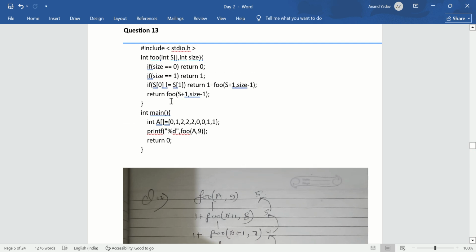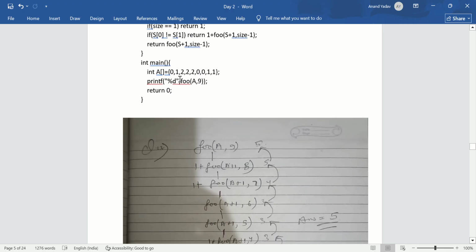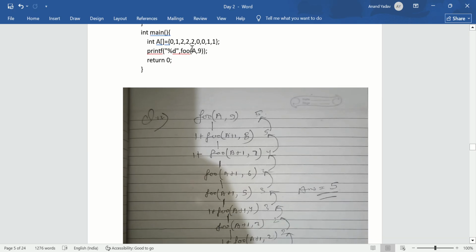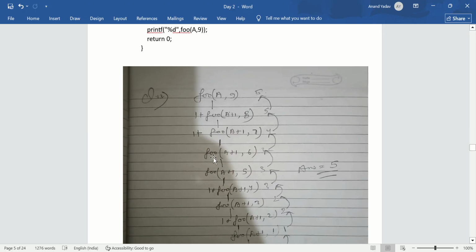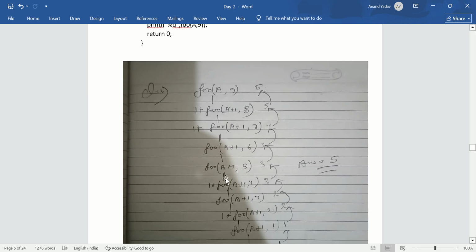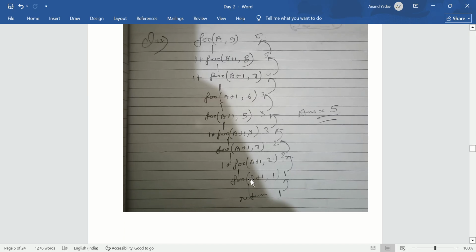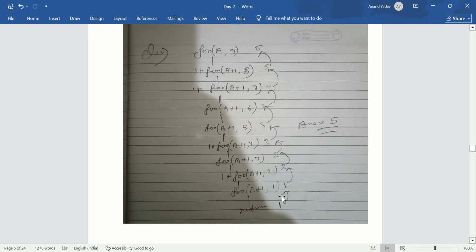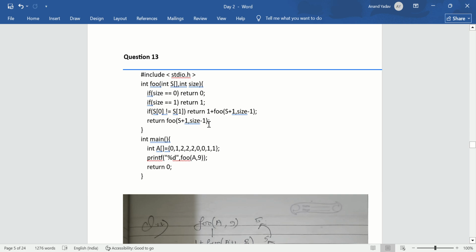And if s0 is equal to s1, I will call this. Then for 0 1 1 2, it will call 1 plus foo. Then for 2 2 2 2, both s0 and s1 are equal, therefore I will call foo, and then further continue. In this way I solve this question.